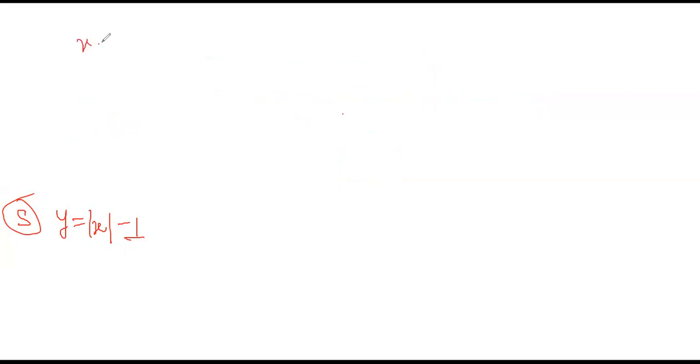If you put x is equal to 0, then y will be minus 1. And when y equal to 0, then mod x is equal to 1. It means x is equal to plus minus 1. Why is it plus minus 1?